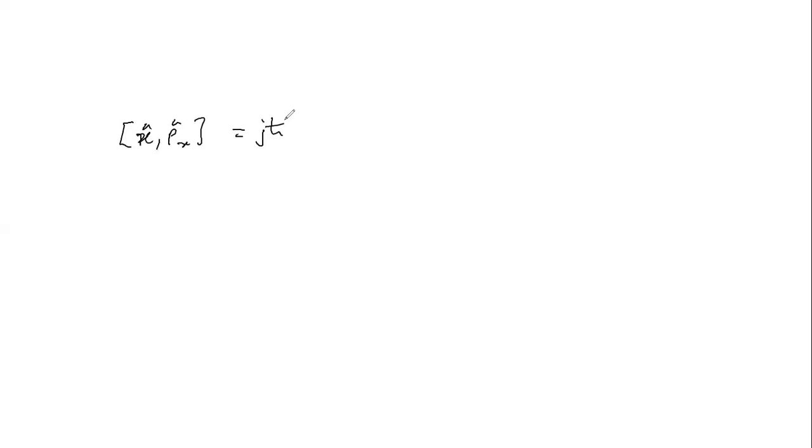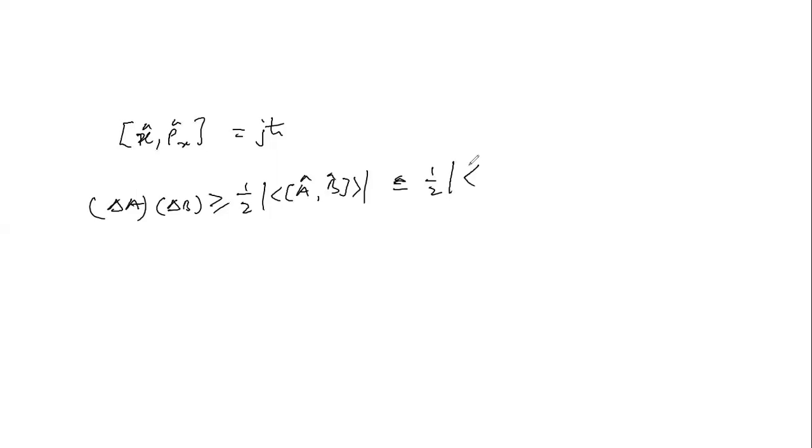And then we were able to hold the Schwarz inequality: the product of the uncertainties of two operators is greater than or equal to one half the magnitude of the expectation value of the commutator. So the uncertainty product between the position and the momentum is greater than or equal to some parameter. Since it's not 0, it means they don't commute.